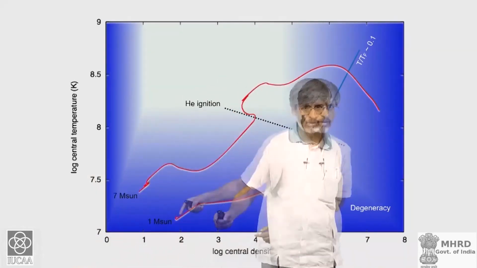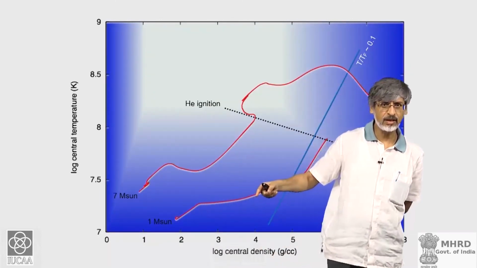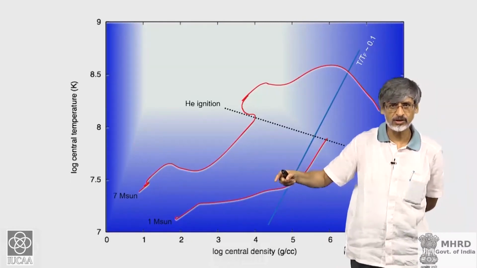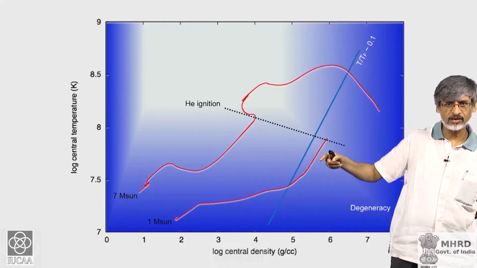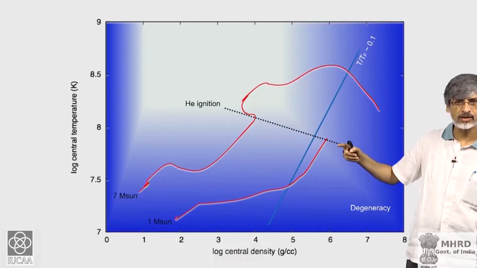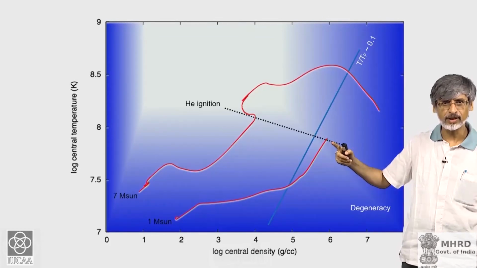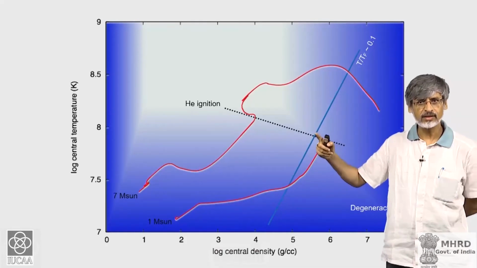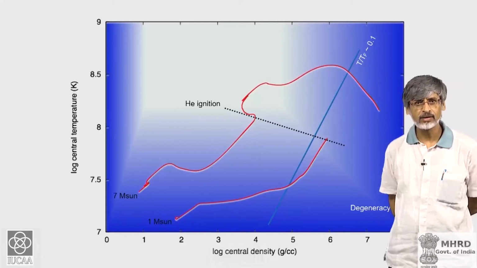This track starts from here and gets denser and hotter and moves to the right and upwards. As it gets denser and hotter, at some point the conditions become suitable to start burning helium. In fact, this dotted line shows the conditions that are required for helium ignition.